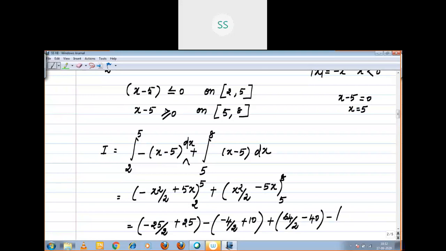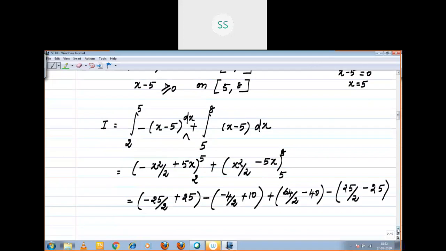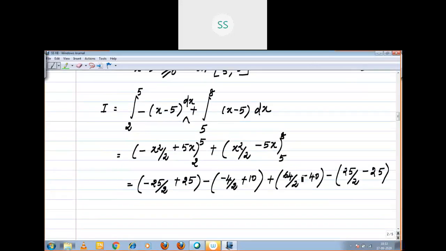Now I am going to move to the second. 25 by 2 minus 5, sorry, upper limit is first, upper limit minus lower limit. So 64 by 2 minus 40 minus 25 by 2 minus 25. Got it, children? Now I am going to simplify.